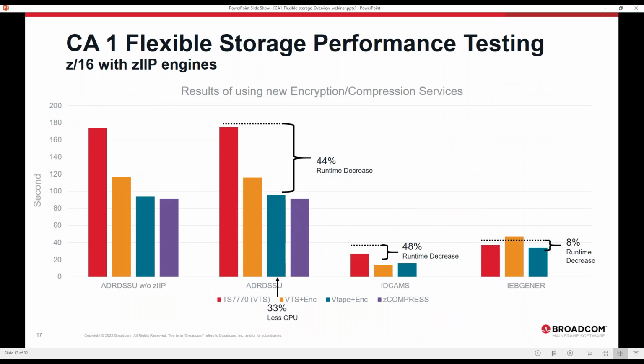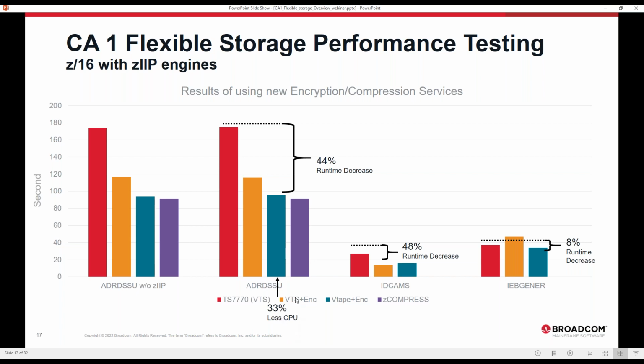Yep. So I mentioned this, and I just want to emphasize it. Using the different utilities, we did some testing in our lab environment on a z16 with zIIP engines, and we saw that ADRDSSU was able to, with encryption and compression turned on, reduce the batch or wall clock runtime by 44% for our test jobs.